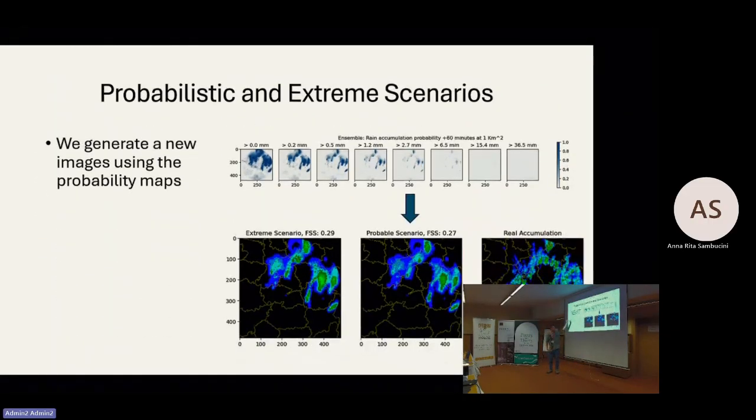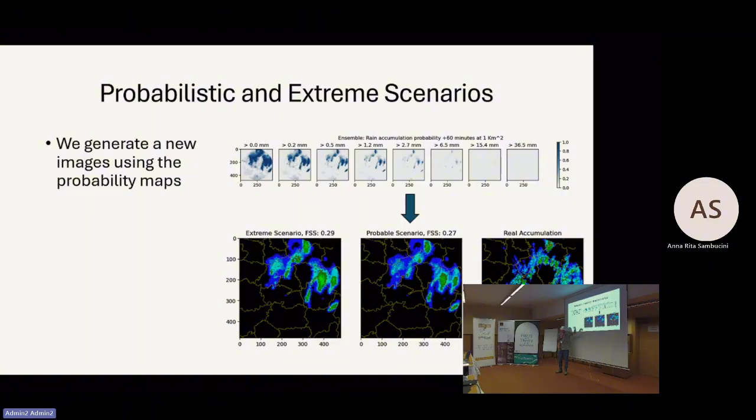And another problem is that this way of measuring the probability may be a little bit difficult to understand for non-expert users. So we are going to simplify it more.